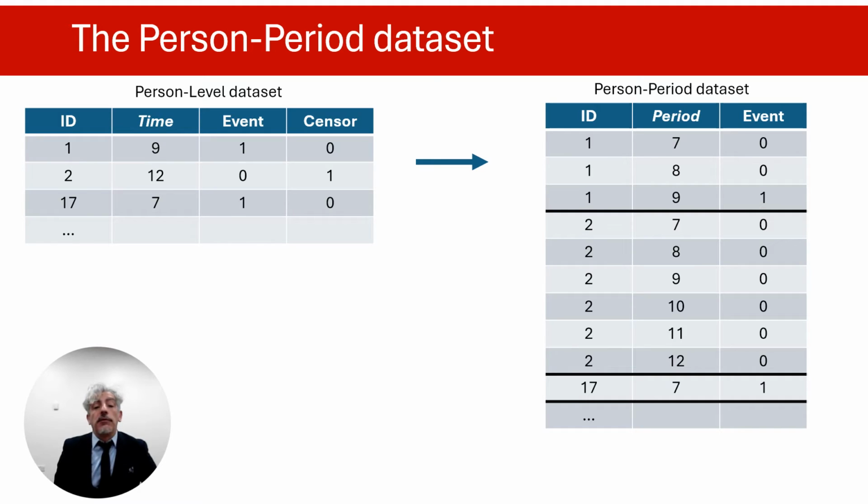No event was ever recorded during these periods, and so there is no event being recorded for this participant, and the participant is censored. Participant number 17 instead only contributed 1 period, since he experienced the event within this initial period of the study.